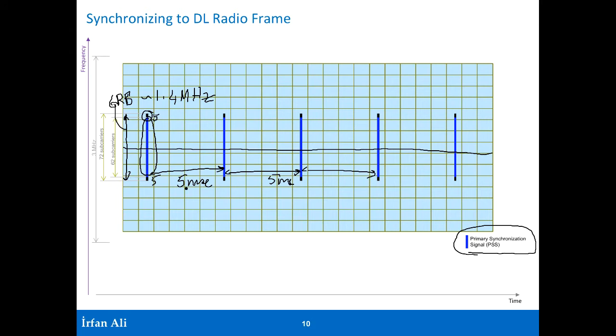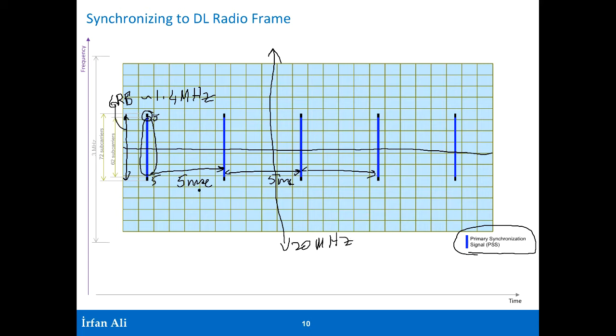So this structure of your primary synchronization signal is the same irrespective of your overall bandwidth. Even if your bandwidth is 20 megahertz, you will have this kind of structure of the primary synchronization signal.